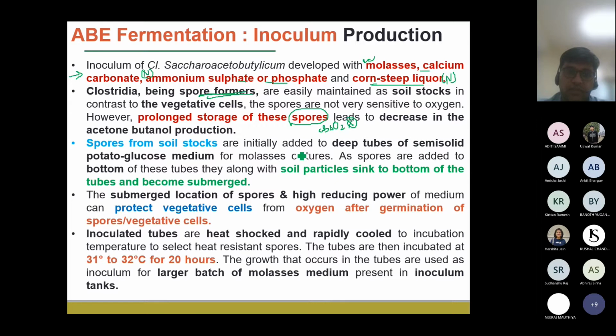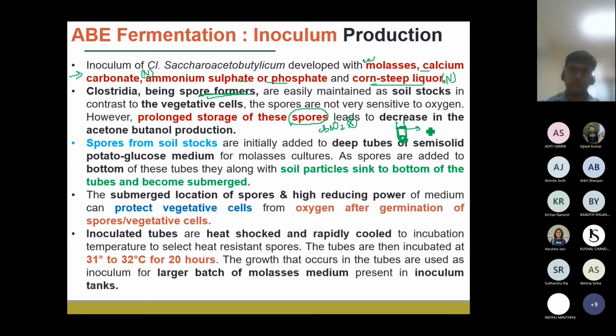Okay, so in the soil stocks, as we have already seen in our last slides, before the midsem, they make an agar type of gel in which different media components are introduced, and the spores are inserted very deep inside the tube containing these media components, so that the anaerobic environment can be maintained, and it can maintain its viability.